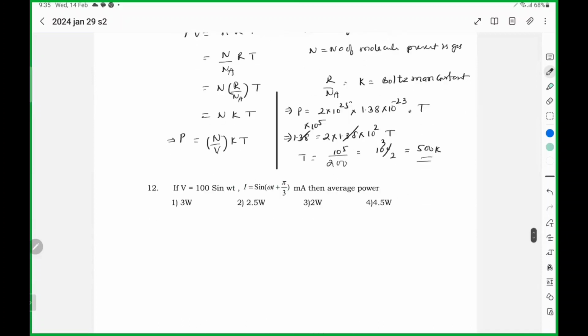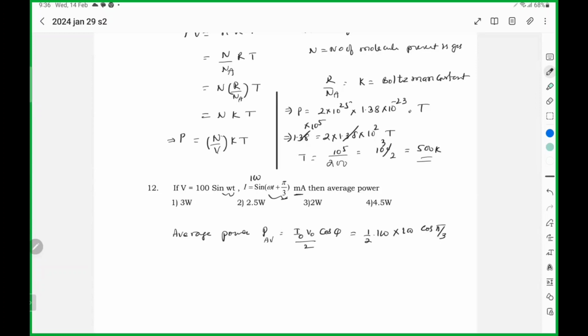So then average power, direct formula based question. So I naught V naught cos phi by 2. Here I naught is 100, this is also like 100. Cos of the phase difference between this and this is pi by 3.